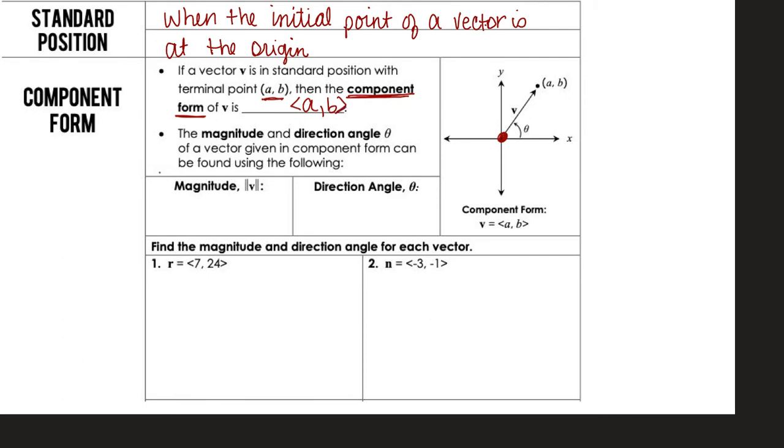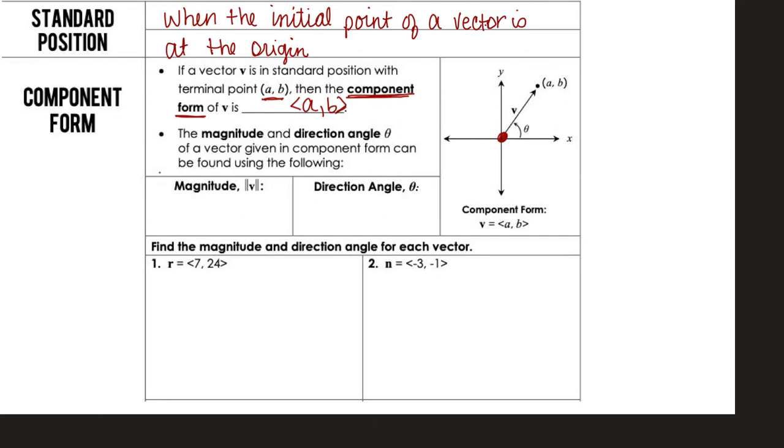You have to be careful because if you mean component form, then you've got to use this notation. Don't use parentheses when you mean component form, because that means something completely different. So do watch your notation here. And don't tell me, well, I meant this. I can't grade on what you meant to do.